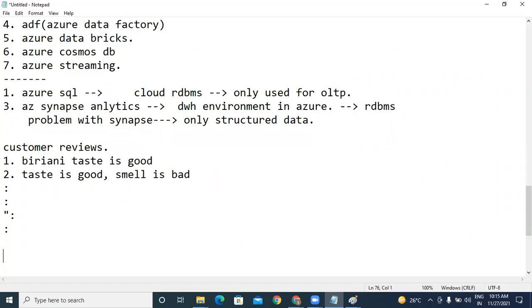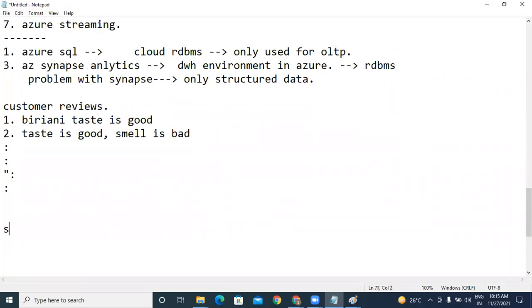Now I want you to write a SQL query. How many customers are positive? How many customers are negative? Can you write a query? You cannot. Did you understand my question?